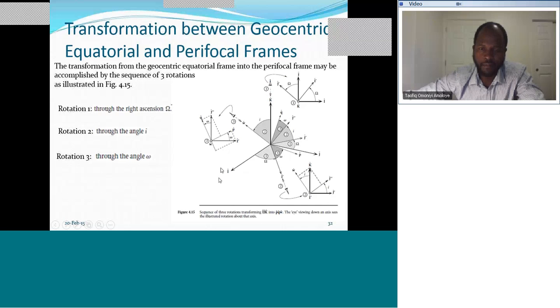The second rotation is about the node line of the ascending node, and it will be through the inclination of the orbital plane. The third rotation is about the angular momentum vector direction, and it will be through the argument of perigee. We are going to look at the individual rotations one by one on the next slide.